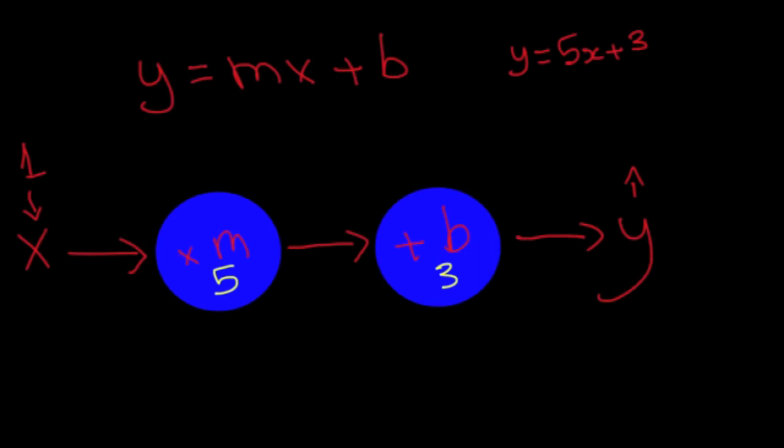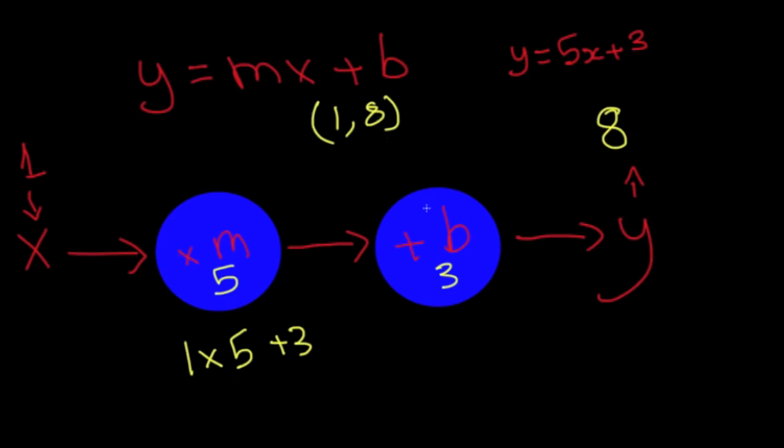So if we put 1 in here, we'd multiply it by 5 and add 3. So this is 1 times 5 plus 3. What's 1 times 5? That's 5. 5 plus 3 is 8. So we'd get 8 over here as our y variable. And so hence you can prove by this that (1, 8) is a coordinate on your line.